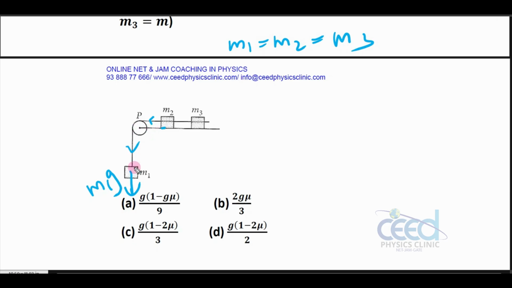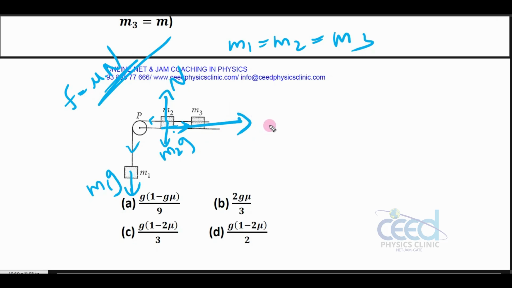Now due to this pulling, there is a frictional force. What is the frictional force? Mu times the normal reaction n, but here it has a weight m2g, so the normal reaction is n. Then the frictional force in this direction is mu into m2g.